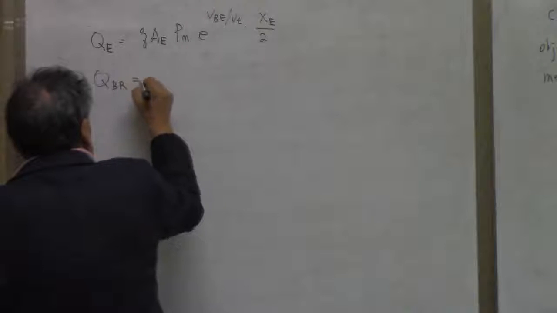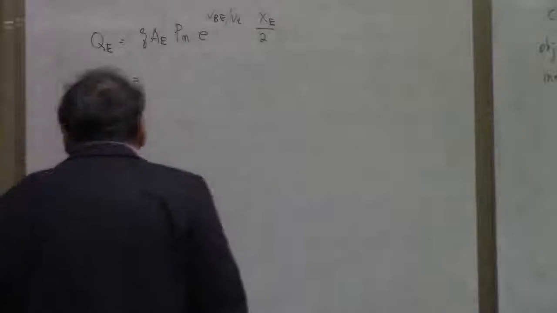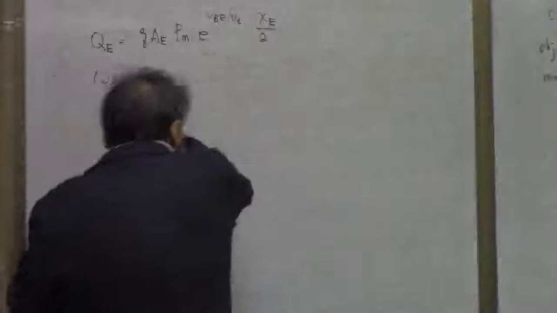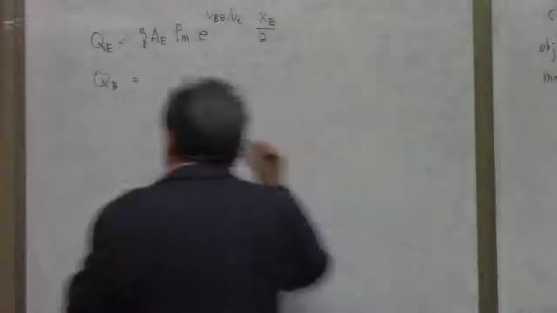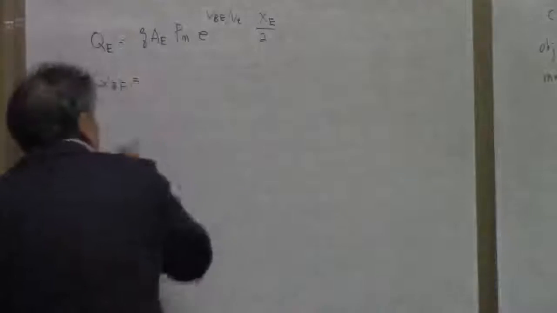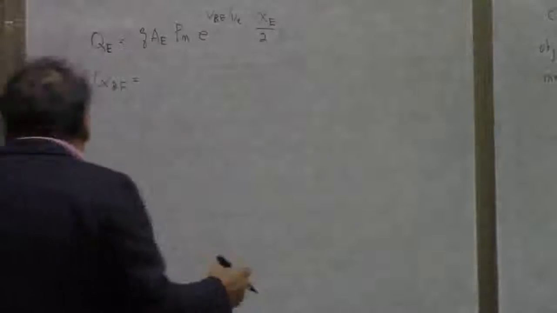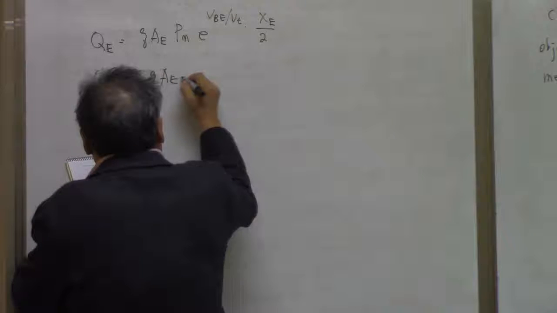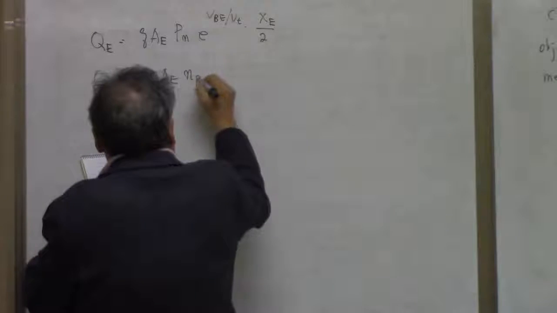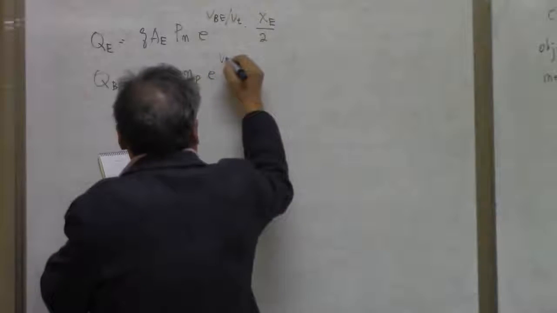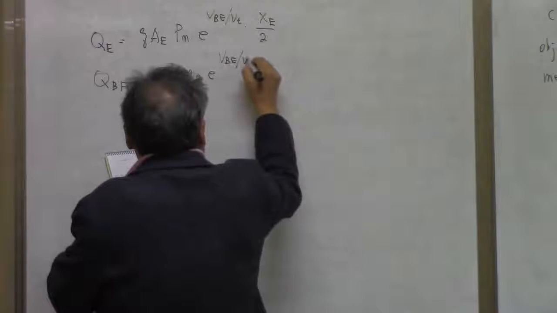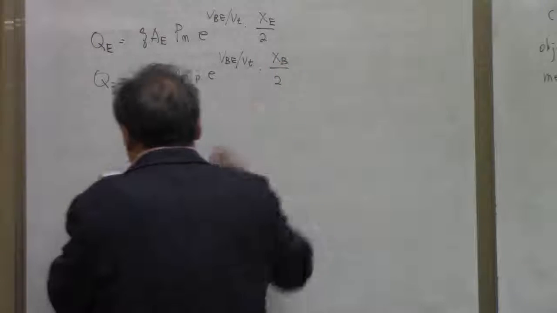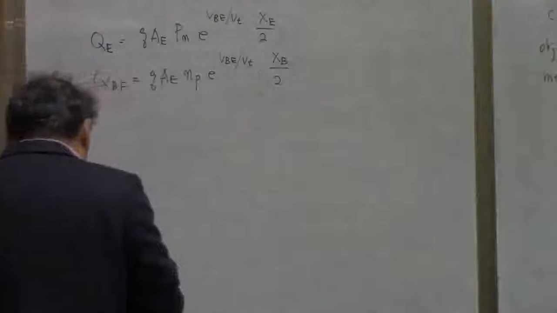And for the base, the forward biased base charge, we have a forward bias between emitter and base. And for that part, we can write something like this: e to the VBE over VT, e to the XB. Okay?